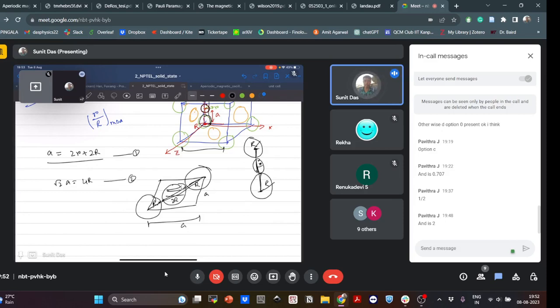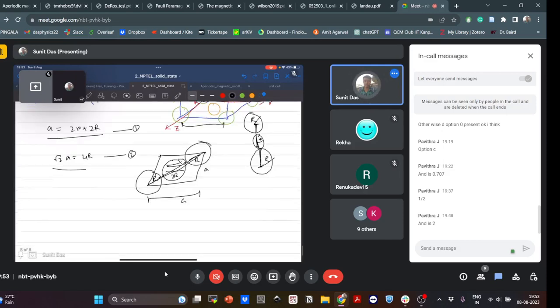This is equation 2. From this we find that R equals root 2 by 4 a.